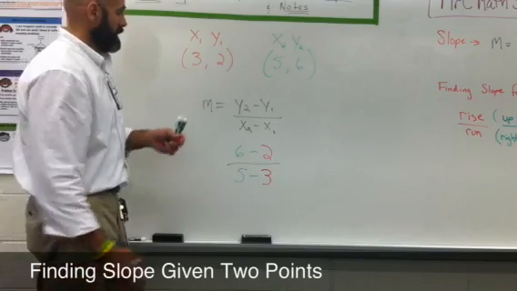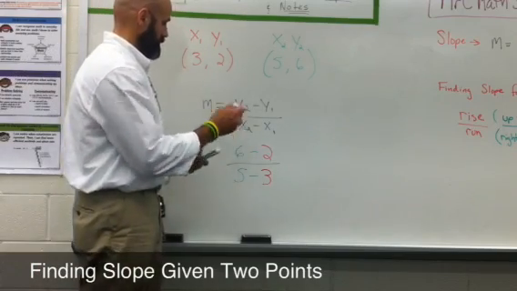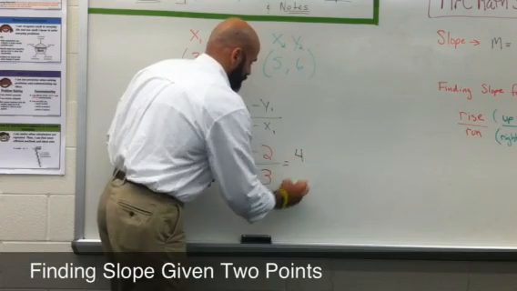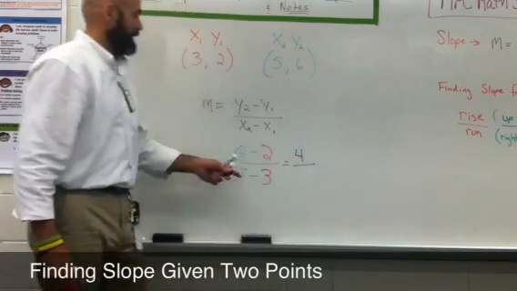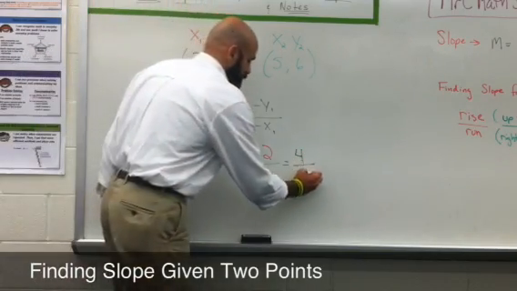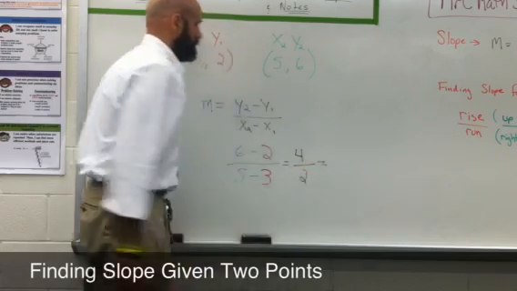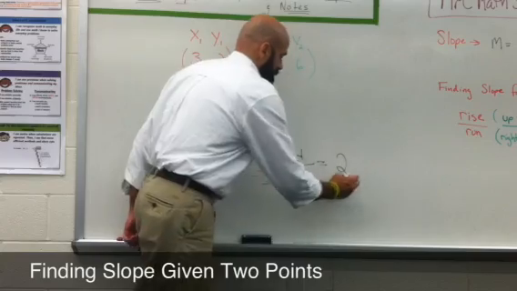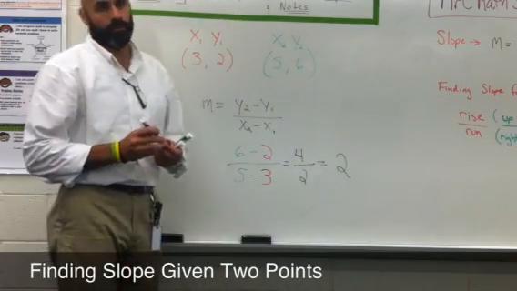Okay. And then I go ahead and 6 minus 2 is 4. And 5 minus 3 is 2. I put that slope in simplest form, and my slope for this problem is 2.